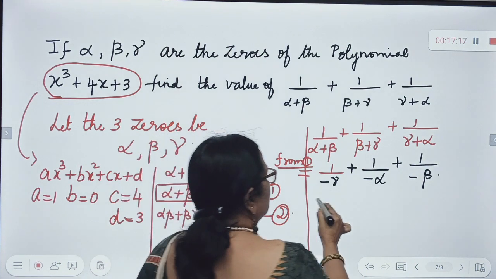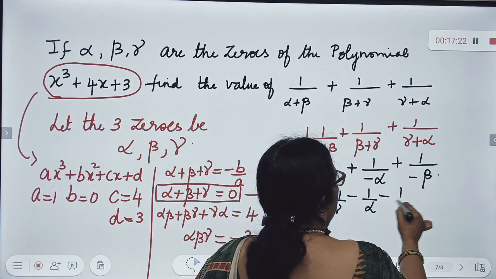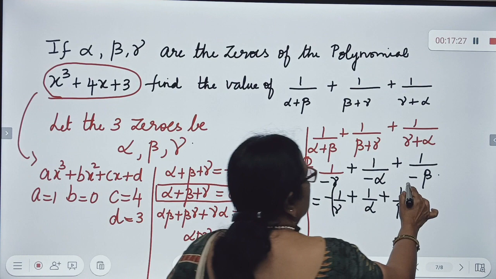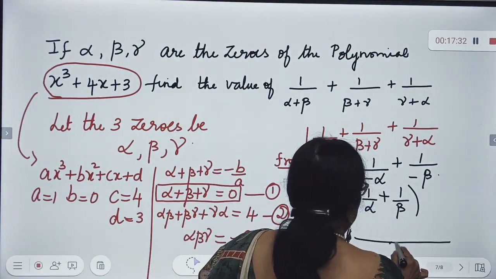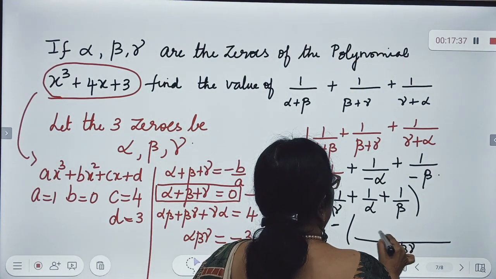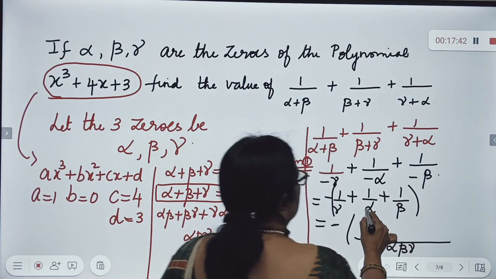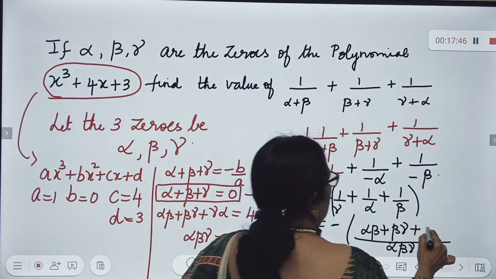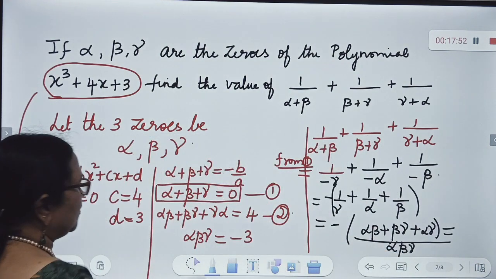So this is minus 1 by gamma minus 1 by alpha minus 1 by beta, or I can just write it like this: minus of, the denominator I have alpha beta gamma, in the numerator I will have alpha beta plus beta gamma plus alpha gamma, which we have found the values of from here.